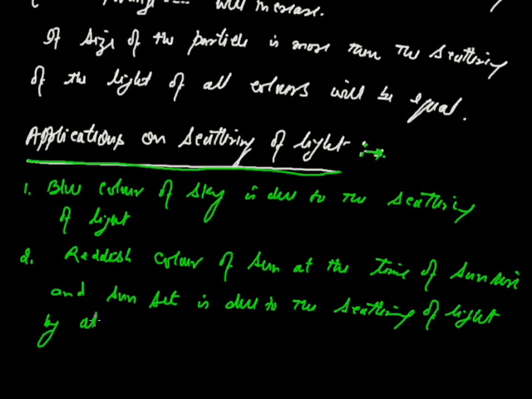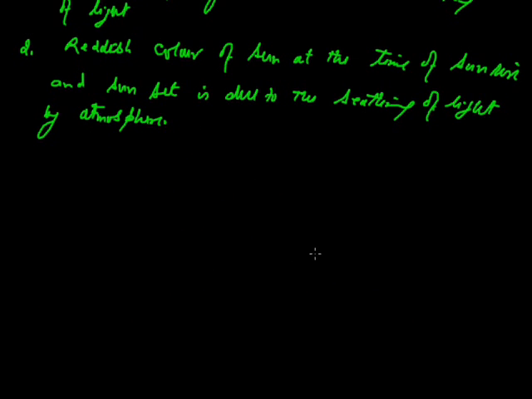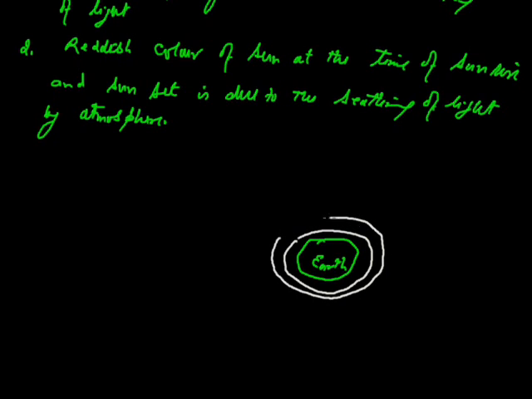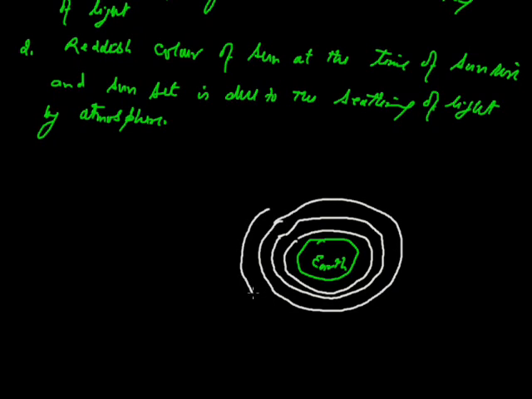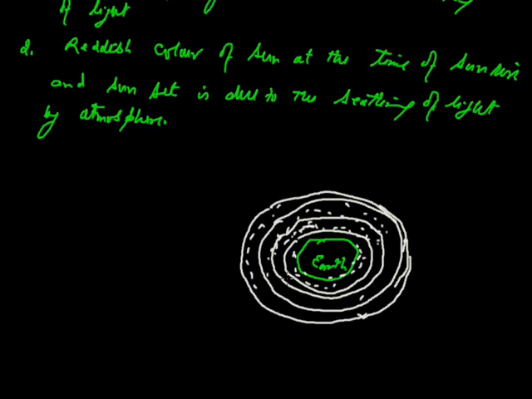Now this one is Earth. These are the layers of atmosphere. Now suppose here is the sun.